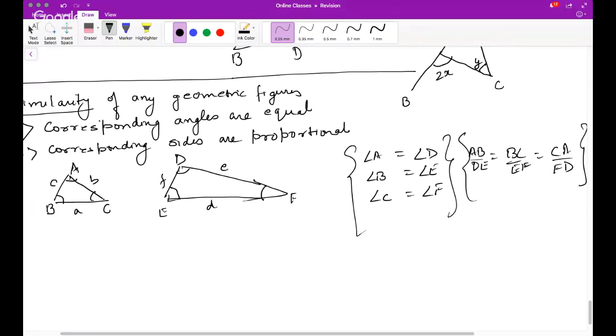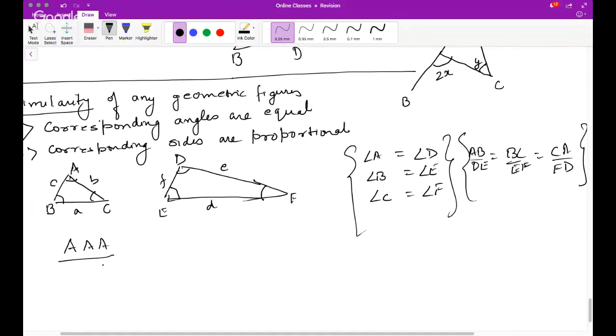So we zero in on some criteria of similarity. The first criterion is angle similarity: if all 3 corresponding angles of two triangles are equal, then they are similar.